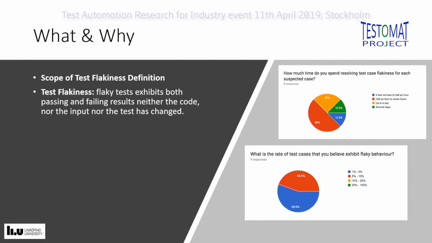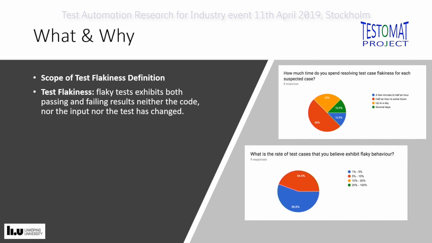So what happens is that it affects your confidence level in the test suite. If something is red and green, it means my test suite is not up to the standard. When we did this survey with 4 different companies in Sweden, with 9 participants, we found that when they find test flakiness, they spend up to several hours to find out what's going on, because they have to dig deep.